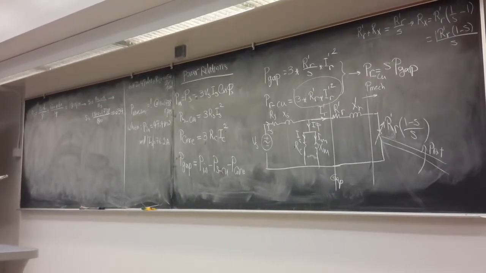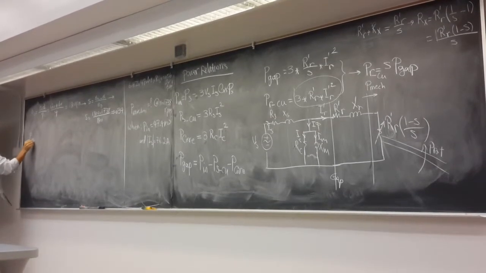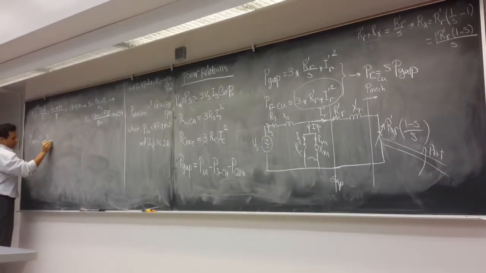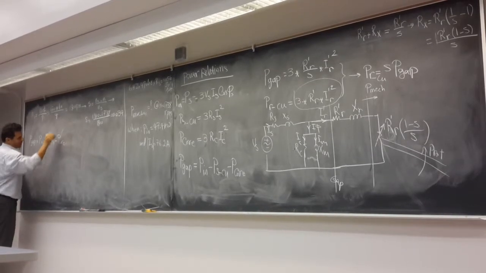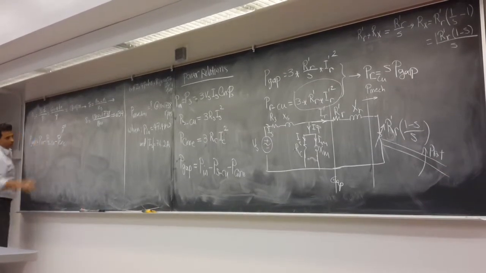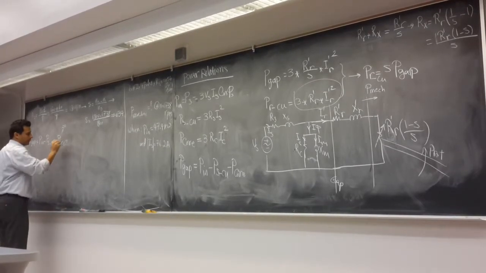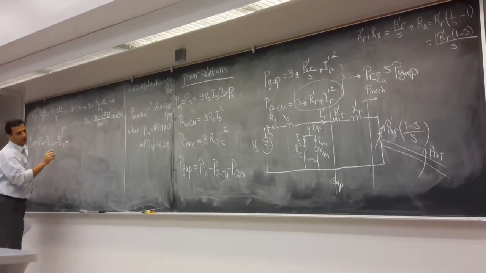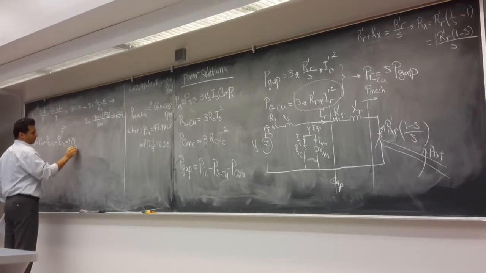Let's calculate the P gap. P gap, as we said, is P in minus P stator copper minus P core. It didn't say anything about this one, so we assume it is almost zero. We don't have a number, right? How much is the P in? P in is 47.4 kilowatt minus PS.